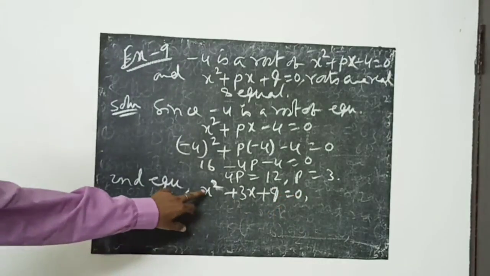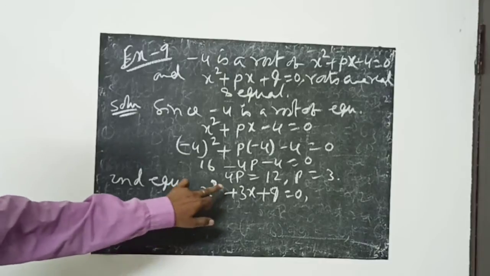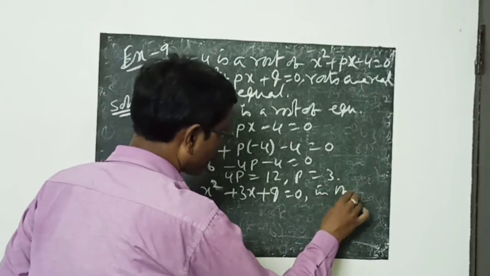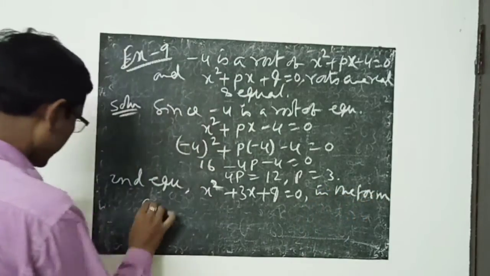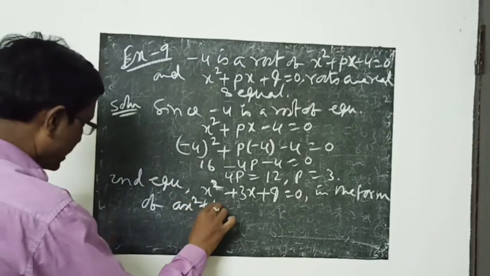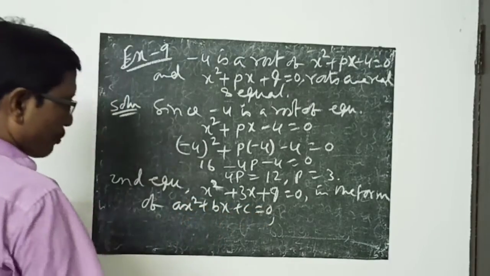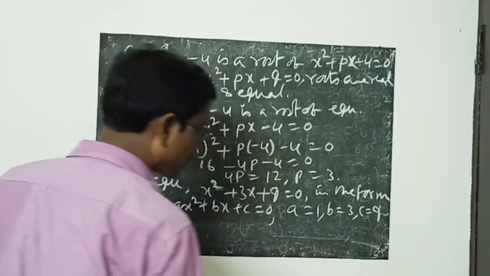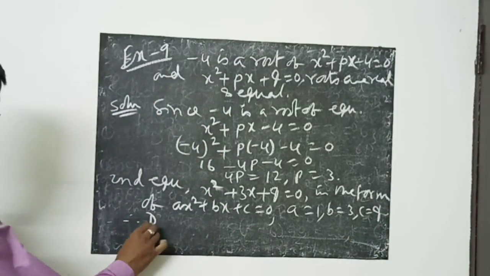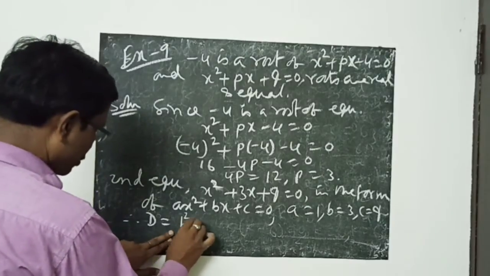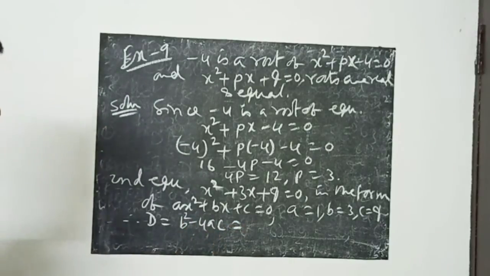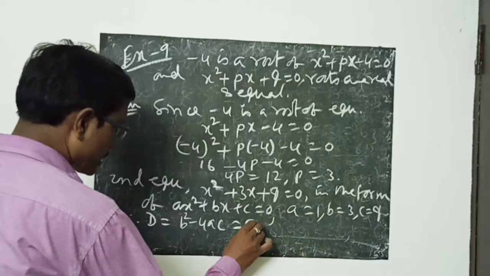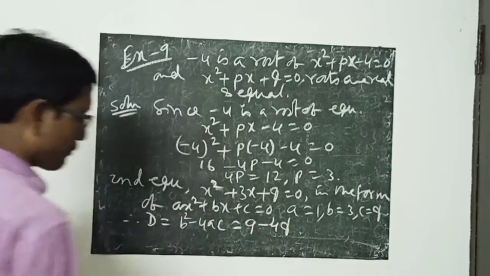So it is in the standard form of the equation, ax square plus bx plus c equal to 0, where a equal to 1, b equal to 3 and c equal to q. So from there we can get D. We know the D value is b square minus 4ac. So it will be b square, that is 3 square, 9, minus 4 into 1 into q. So ultimately it is 9 minus 4q.